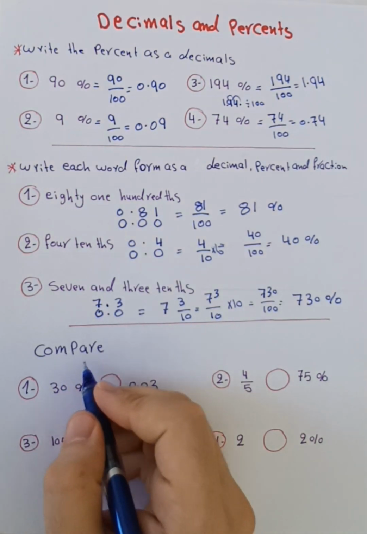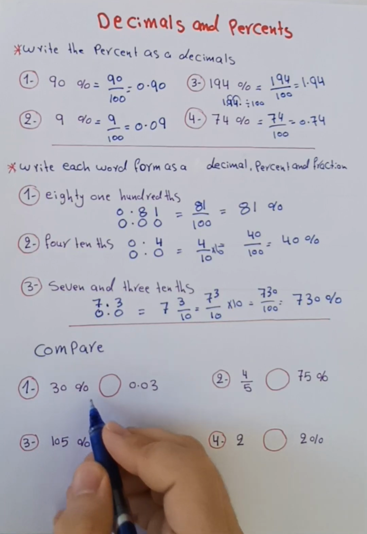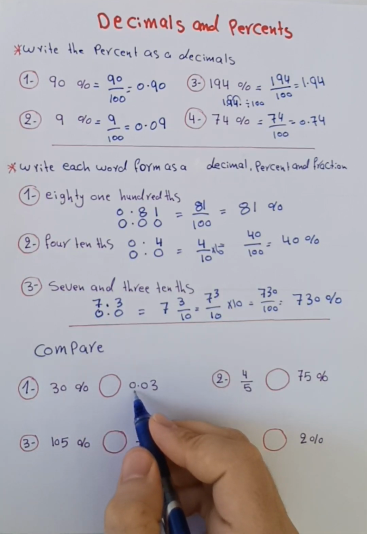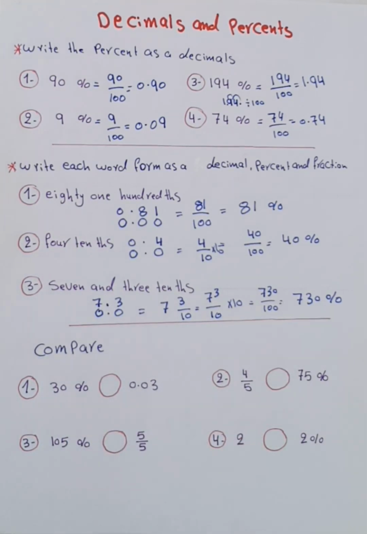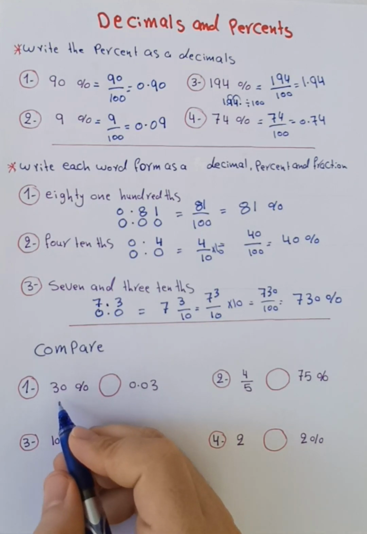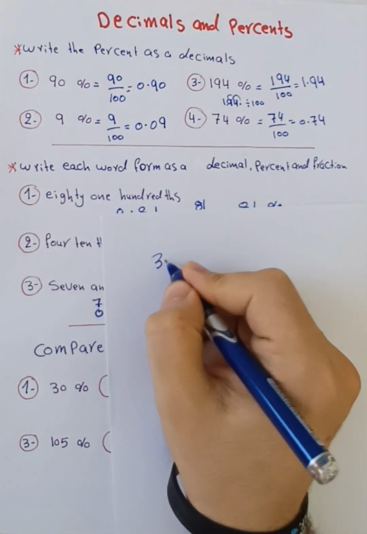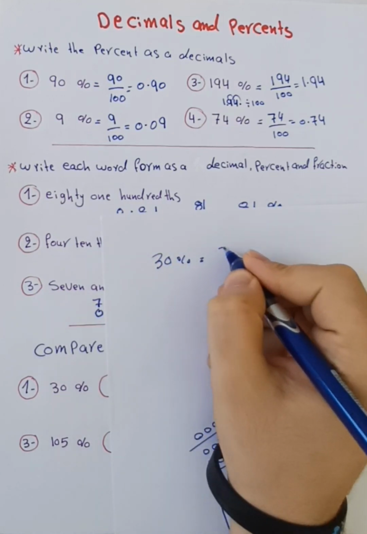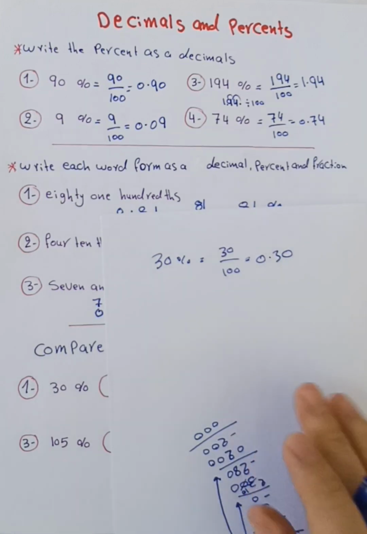And then how to compare? We have 30% and 0.03. This is a percent and this is a decimal number. We can change this percent to a decimal number. We have 30% equal to 30 out of 100 equal to 0.30.